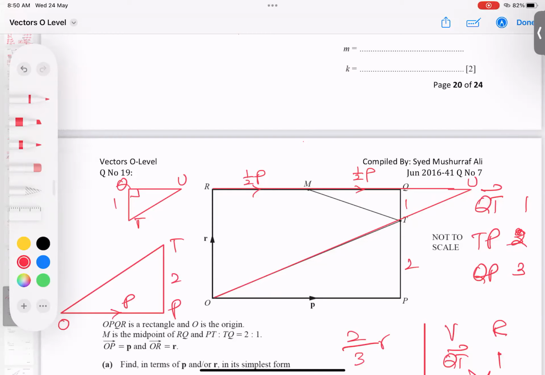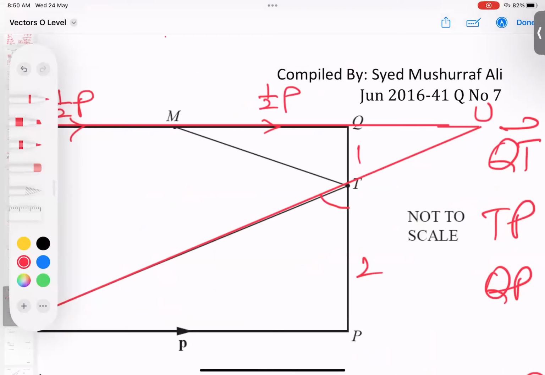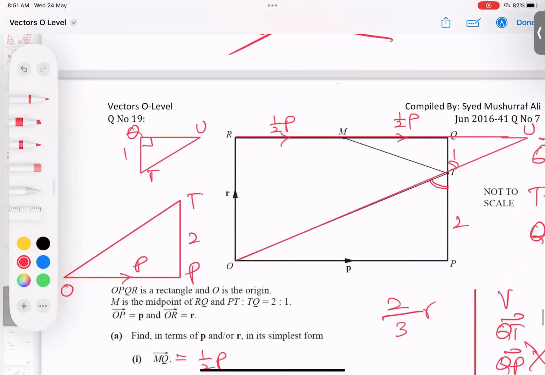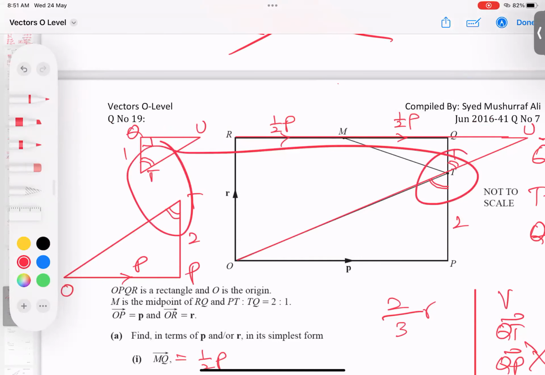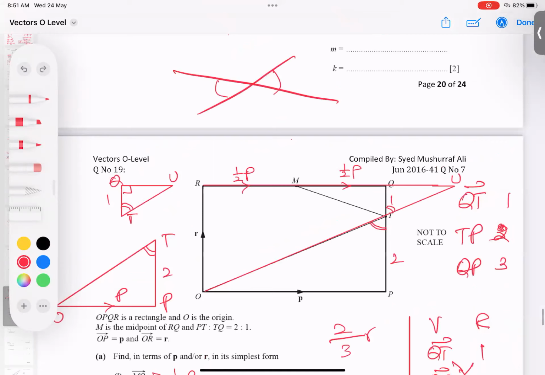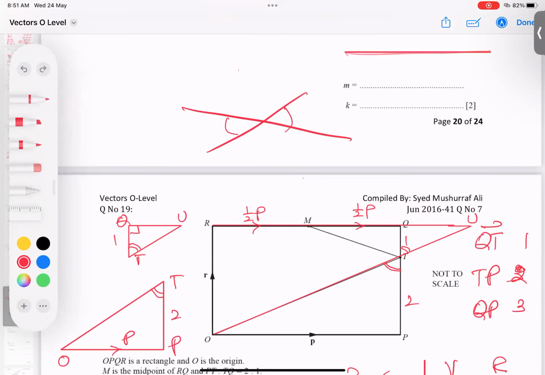You say, how are they similar, sir? Because whenever two lines cross, this is called a vertical angle. I can mark it with a single or double cut, no problem at all. So this double and this double, I believe you got how I made this double. Now, whenever two lines are parallel to each other, like this parallel and this parallel, and a line cuts them, this angle and this angle are equal.